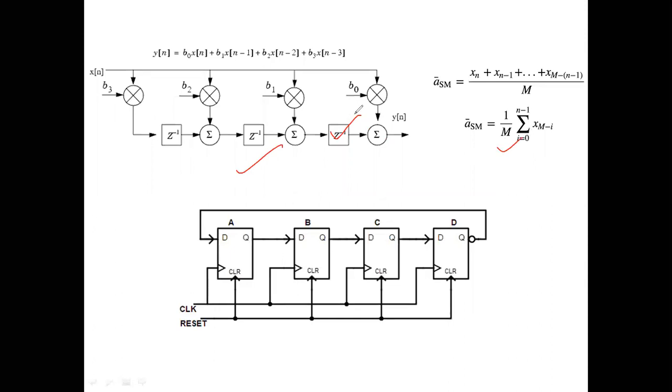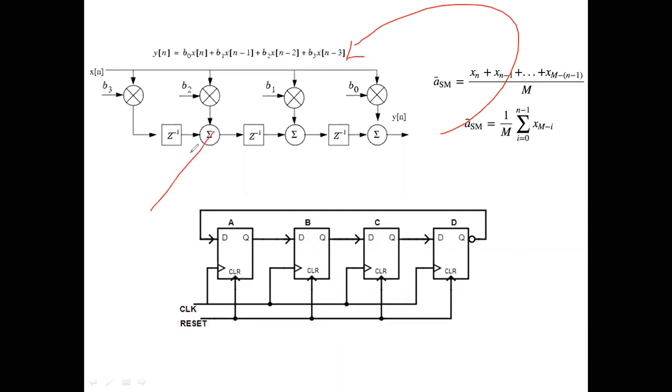How did we implement them? If you are given the transfer function, from it you can always get the difference equation, and from the difference equation you can get the digital structure. Isn't it easy? You go from the textbook to the notebook, then to the laboratory. Implementing the circuits is very easy if you have access to the transfer function.